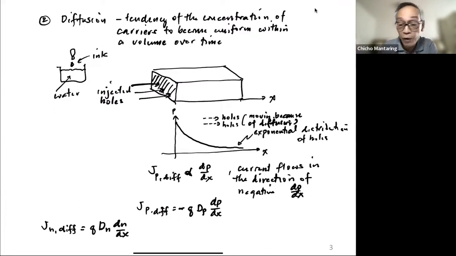And the reason for this is because the direction of current when it is electrons is opposite the direction of electron flow. So the negative becomes positive. So this is diffusion current due to electrons. This is diffusion current due to holes. Now Dp and Dn, these are what we call our diffusion constants.